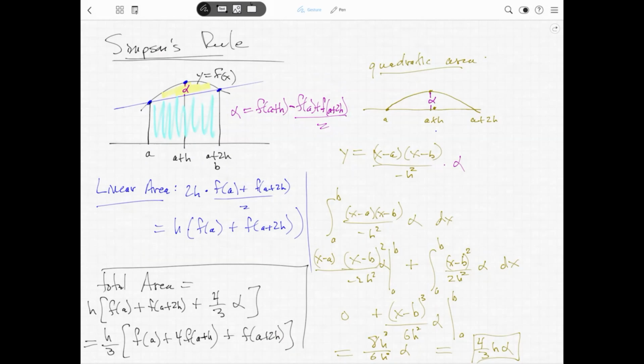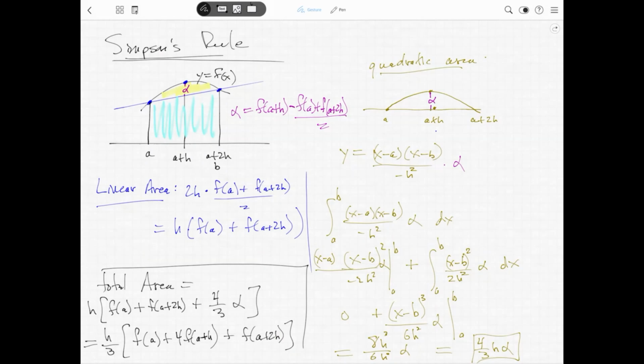Okay, so now how do we find the area of the yellow part, the quadratic part? I did that in brown over here. These are the calculations for finding the area of the yellow part. By the way, you can simplify the diagram. It doesn't really matter whether the bottom is slanted or not.